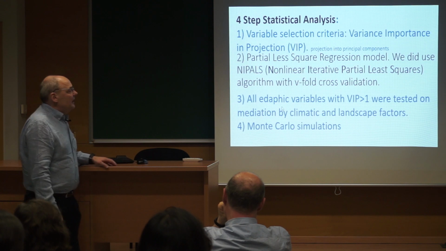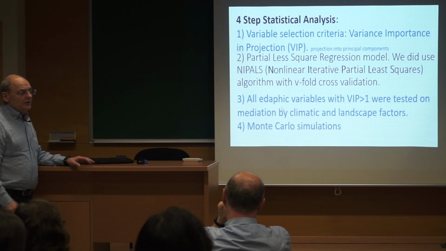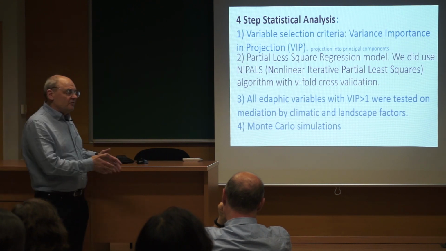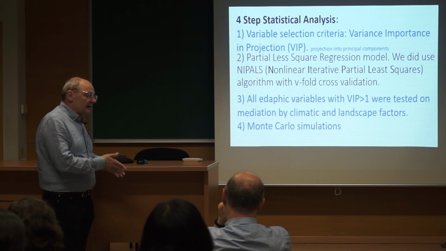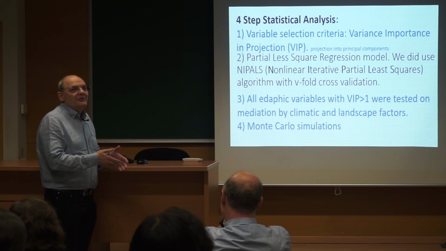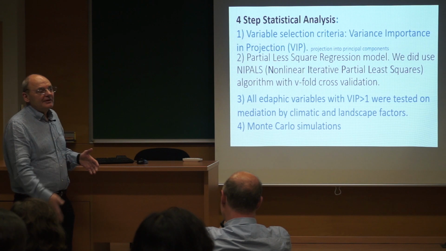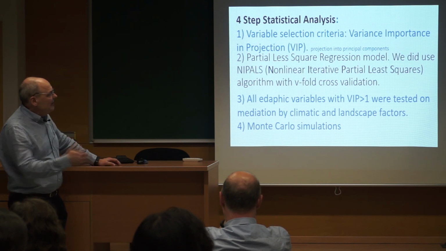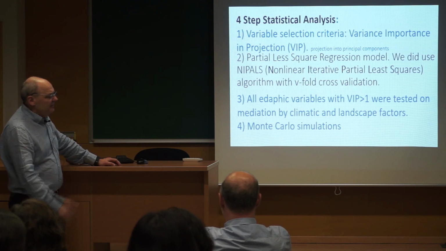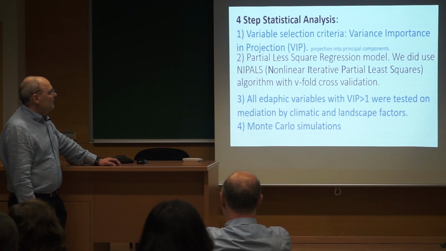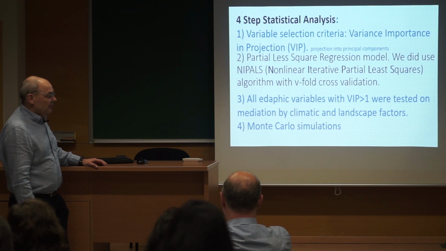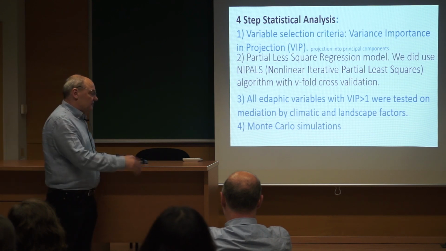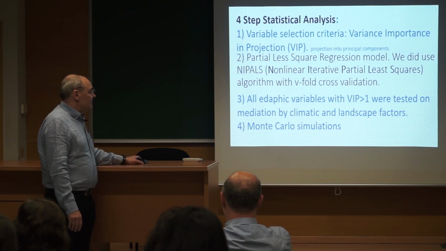And the principal components, again, you can use to check how much individual variables, even correlated variables, contribute there. However, you might face the situation when you have 2 variables, both of them contribute, they're highly correlated, and you would like to know which of them is still more important than the other. So that's why we check all our edaphic variables and climate variables for mediation by other factors. I'll mention in a second how exactly we did that.